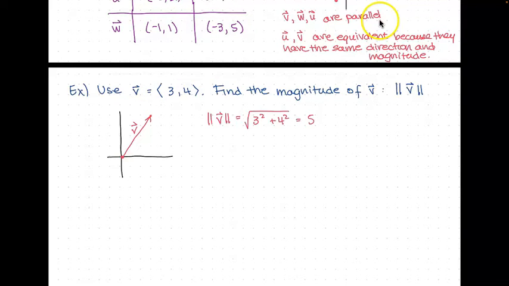That's 5. So in general, we have a formula, pretty straightforward because it is just the Pythagorean theorem. If you have vector v with the components v1, v2, then the magnitude of vector v is the square root of v1 squared plus v2 squared.